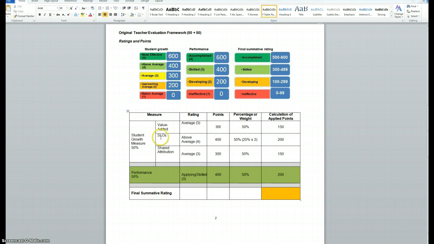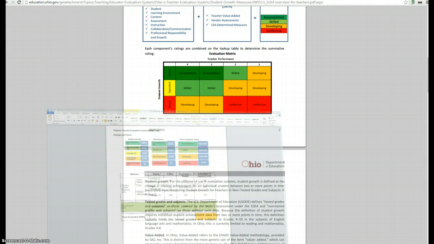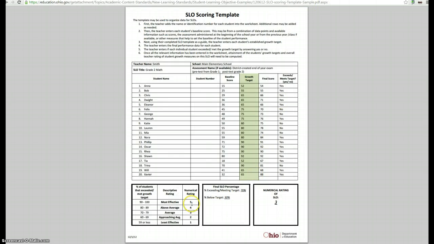Some of you, at the end of this semester or at the end of this year, will score your SLOs. These numbers correspond nicely, just like they do with value added, to the scoring of your SLO, because if you look at the scoring of the SLO template, you'll notice that it also is a 5, 4, 3, 2, 1 scale. So you're going to score your SLOs, and let's say that on the first one you receive an above average.